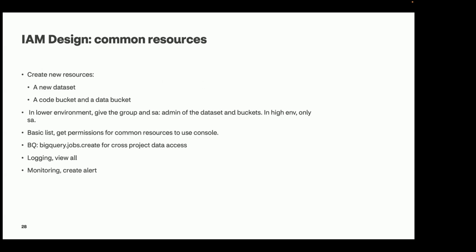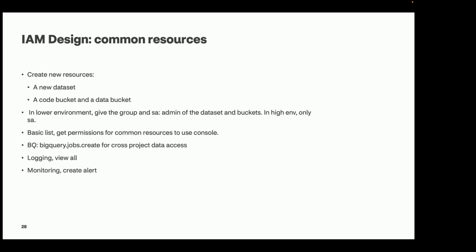And then some basic permissions from the UI, mostly from the console. For example, you should give users list all the buckets. That is okay. They can see all the bucket names, but they don't necessarily have read permission to each bucket. And for BigQuery, when you are doing cross account, cross project data access, one special permission you need to be able to run a BigQuery job in one project is called BigQuery jobs create.